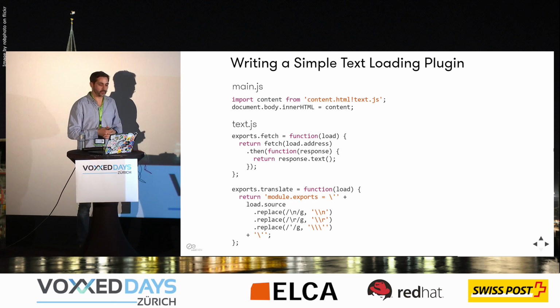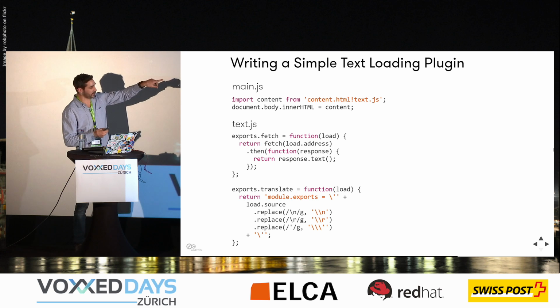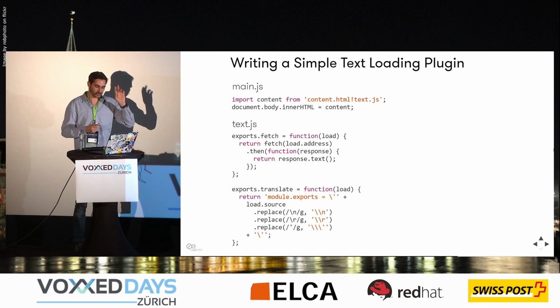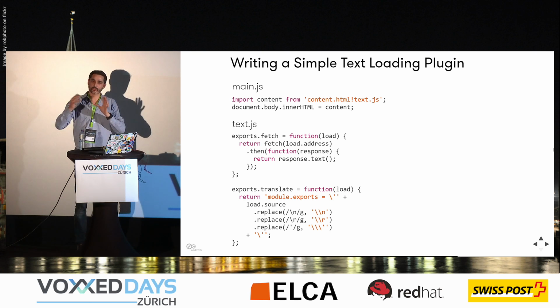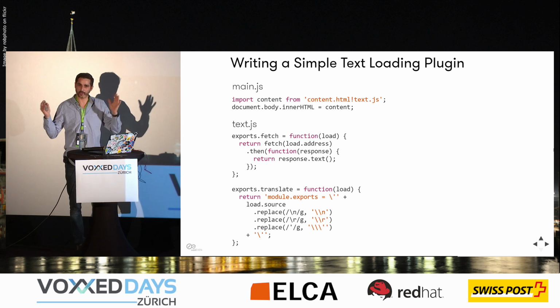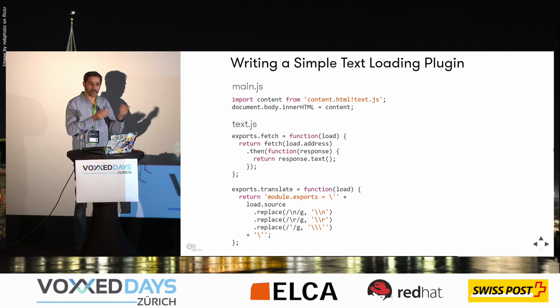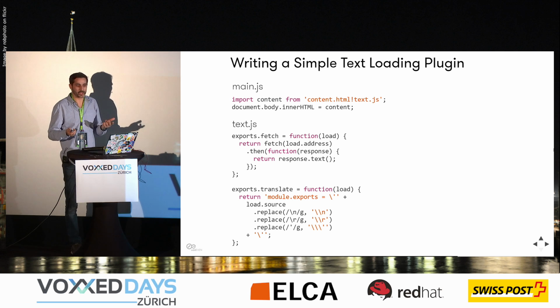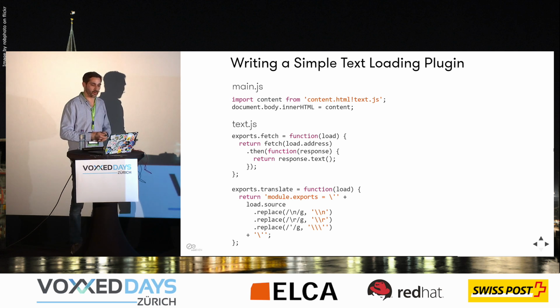So what we are doing here is constructing a CommonJS module default export by saying module.exports equals quote, and then we put our string that we have just loaded from the file content, and then we close the string again. Like this, we can create a simple text loader plugin. And after that, we can load templates or CSS files directly as modules into JavaScript.